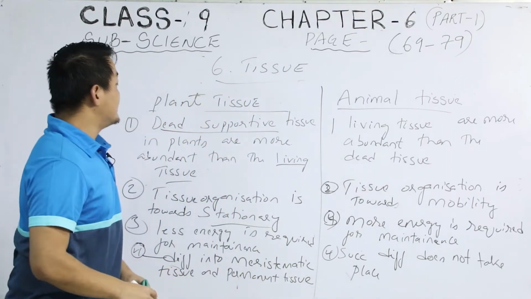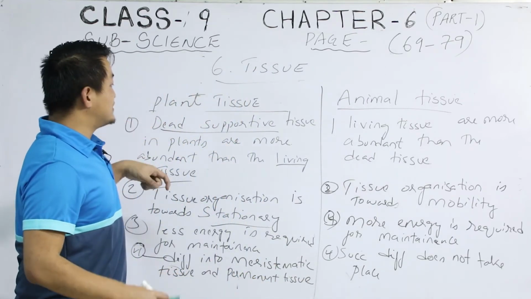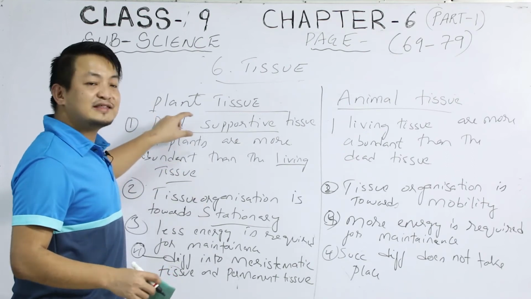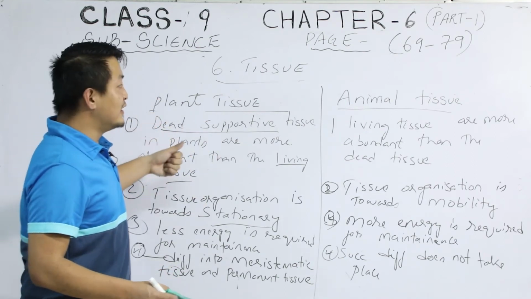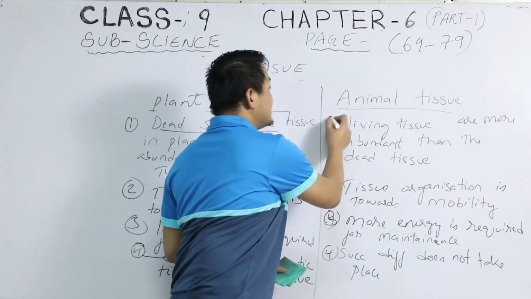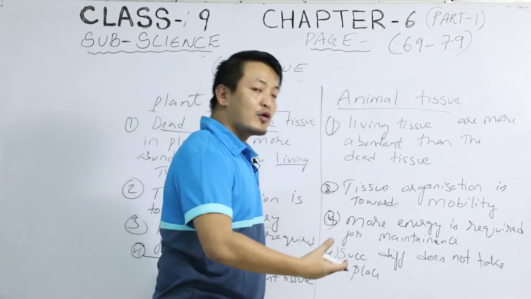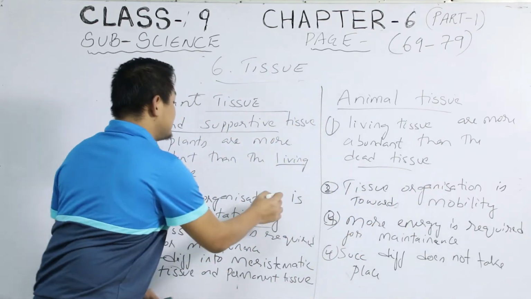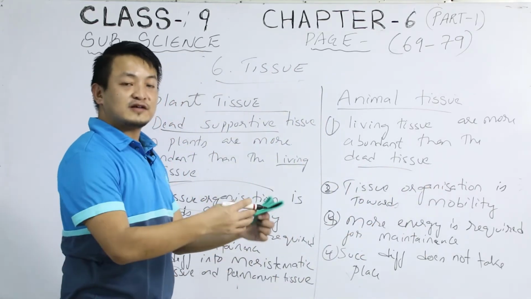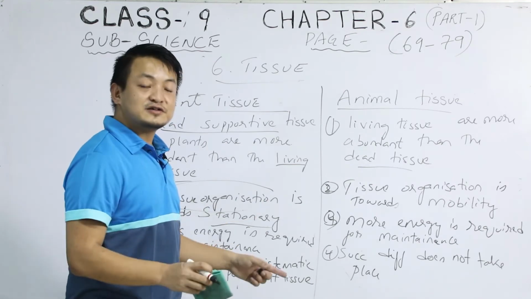Okay. Now the first point is about the dead tissue being more than the living tissue in plants, right? Now in the first point regarding the animal, the living tissue are more than the dead tissue. Clear? Now see, tissue organization, that is a group of cells, is towards stationary, right?